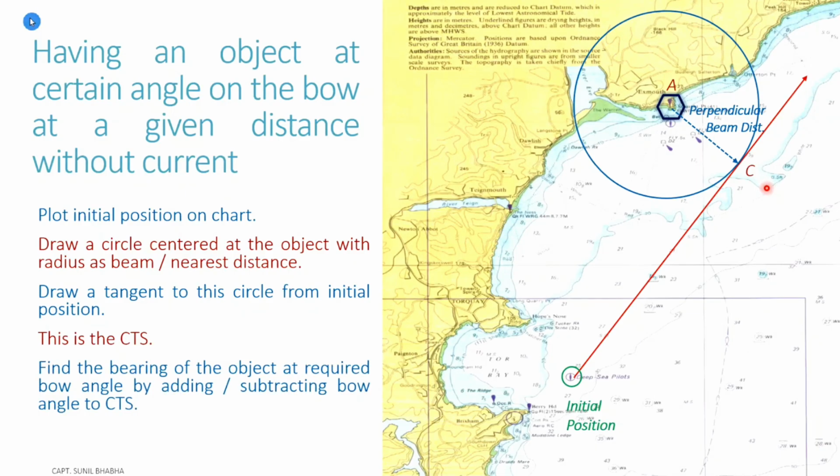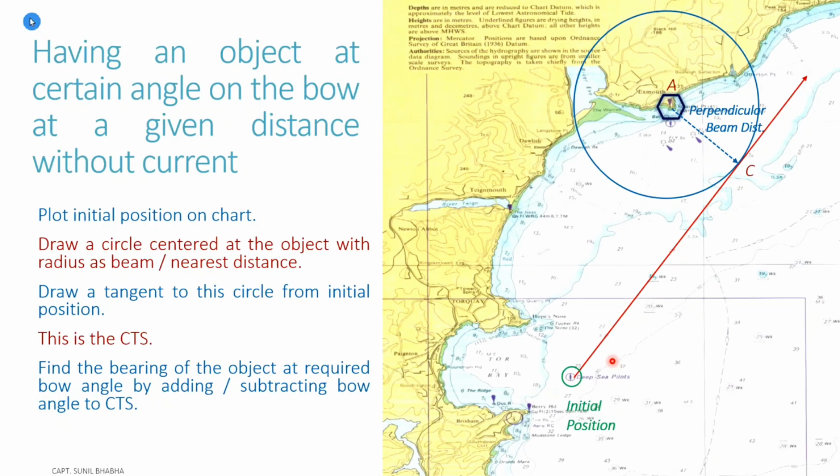Now we can align our parallel ruler to the course steered line, transfer it to a compass rose, and you can read off what course you need to steer to have this lighthouse at a certain angle on the bow at the given distance. Now once the CTS is known, we have the bow angle known to us.